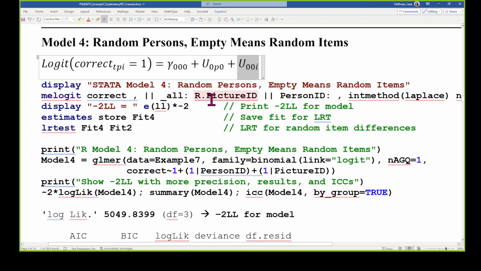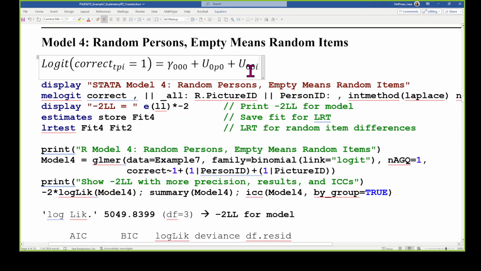But this is now what I would call a crossed random effects model, because what I have are level 1 trials nested in level 2 people, also simultaneously but separately nested in level 2 items. Items and people are crossed random effects at level 2, in the same way that we would have kids nested in schools and kids nested in neighborhoods, and those are crossed. Remember that? Same thing, different context.